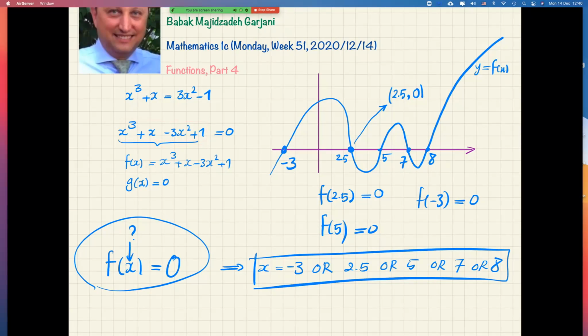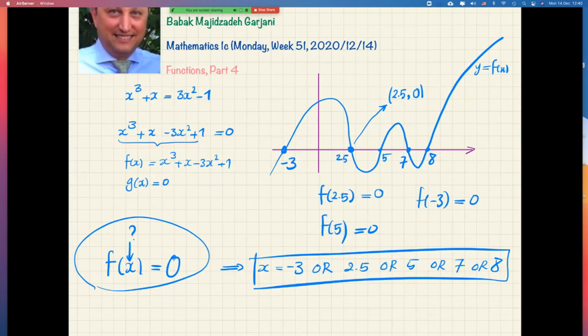I want you to understand the concept. Is that understandable? Because I can teach you, okay, do this, this will give you the answers, but I don't want you to memorize them. I want you to understand them by this example. So if I have a function equal to 0, and I want to solve the equation, which is a completely different problem, I can use the idea of the graph of the function to answer this question.